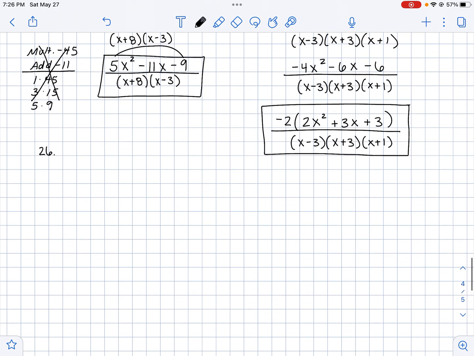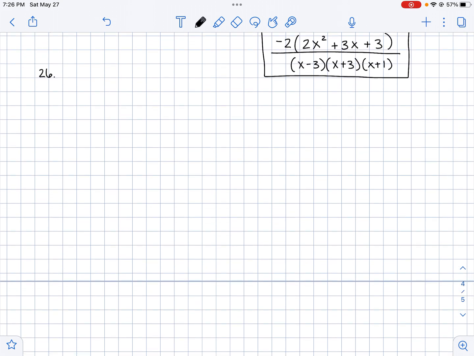Number 26. Rewrite the function. Okay, so I have g of x is equal to 5x plus 1 all over x minus 3.